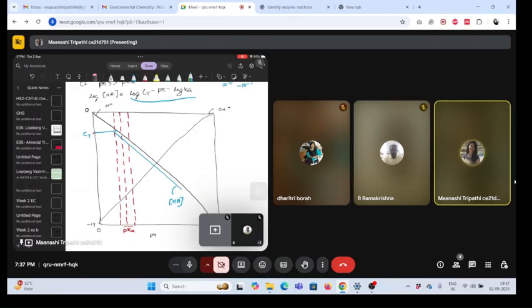Now what will be for A negative? First we will draw pH greater than pKa, meaning pH is on the right side of pKa. There, exactly like the straight line we gave for CT, exactly like that we have to give. Now, when pH is less than pKa, the equation was something like this for A negative. Just at 45 degrees we have to draw like this.